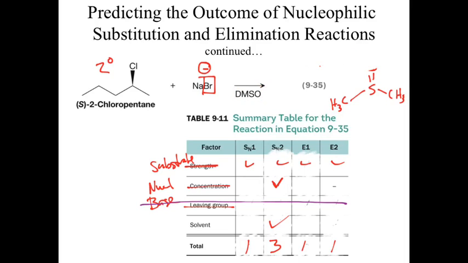So now if I wanted to predict my product, I'm number one doing a substitution reaction. I'm going to take my main structure here and do a substitution for bromide being my new piece on here. Because it's an SN2 reaction, I now have to consider stereochemistry.